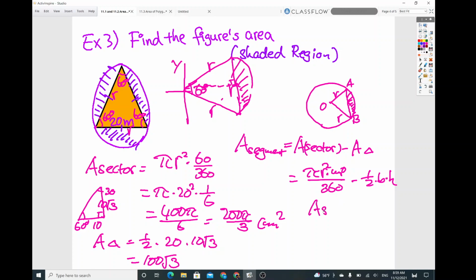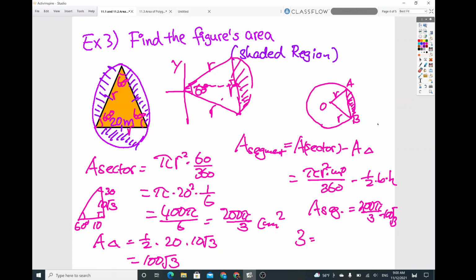Once we get that, we can get the area of the segment. The area of a segment is the area of a sector minus the area of a triangle. So 200 pi over 3 minus 100 root 3. And then we do have 3 of those, this one and this one, so we multiply by 3.